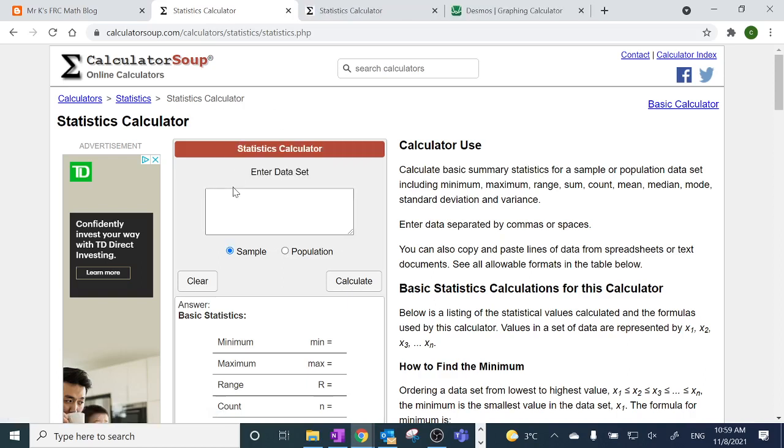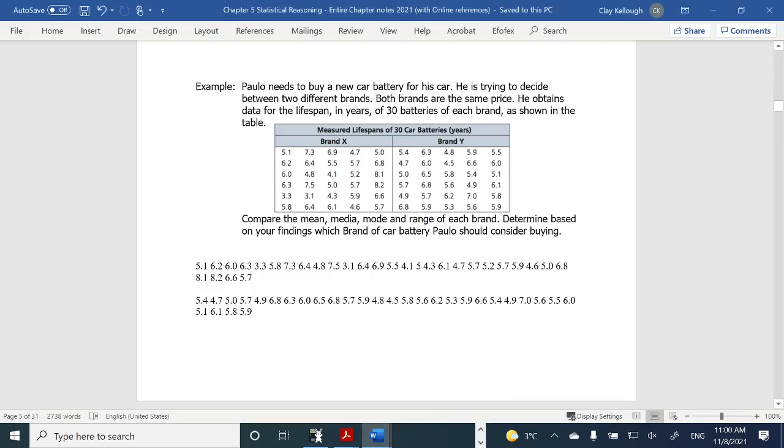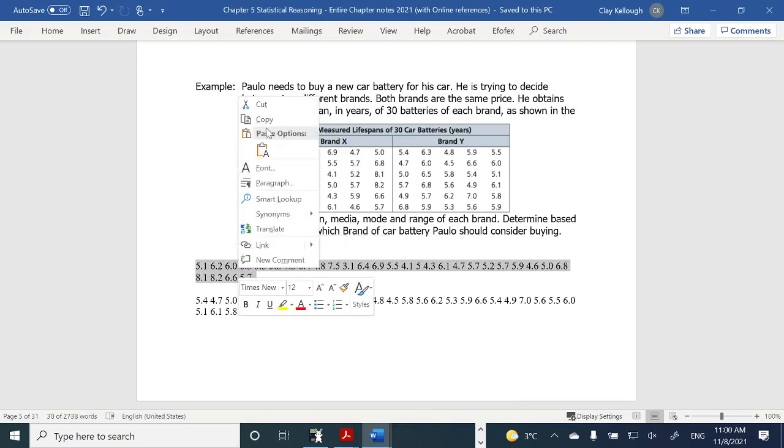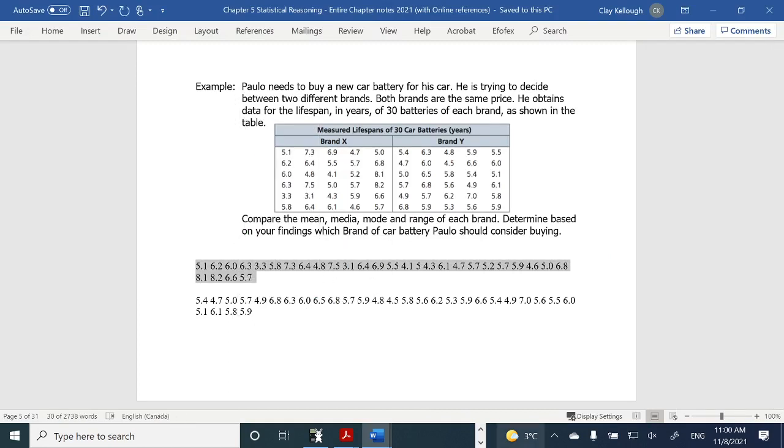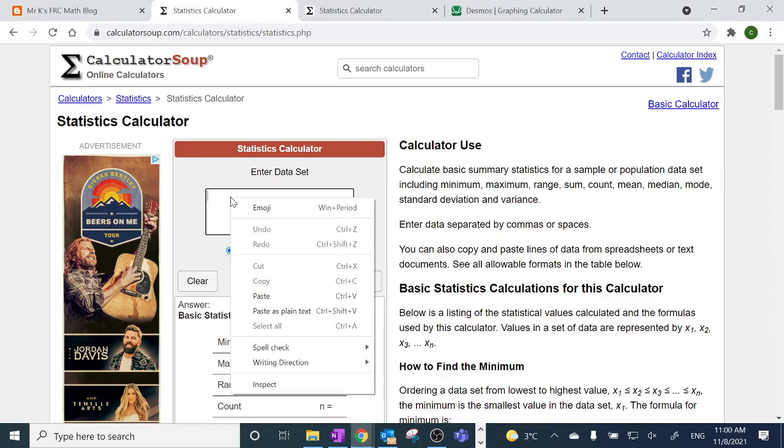Okay, so I'll go back to my Word file and copy and paste these numbers. I'm going to use my mouse instead of the laptop mouse. So copy, then go back to the Calculator Soup page and paste.